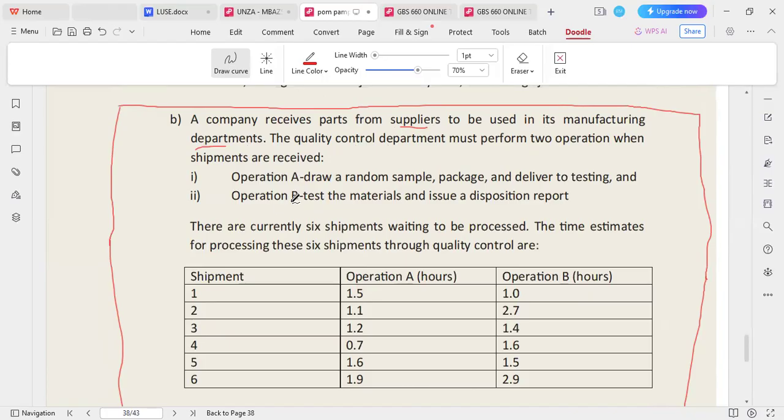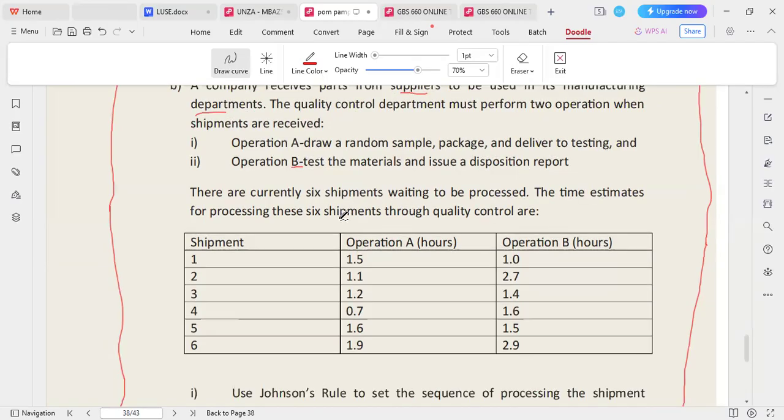Operation B: test the materials and issue a disposition report. There are currently 6 shipments waiting to be processed. The time estimates for processing these shipments through quality control are given for the 6 shipments, Operation A in hours and Operation B in hours.